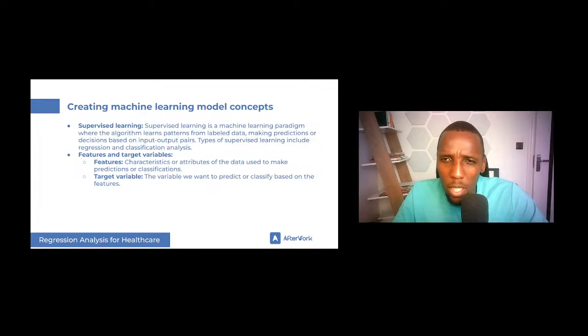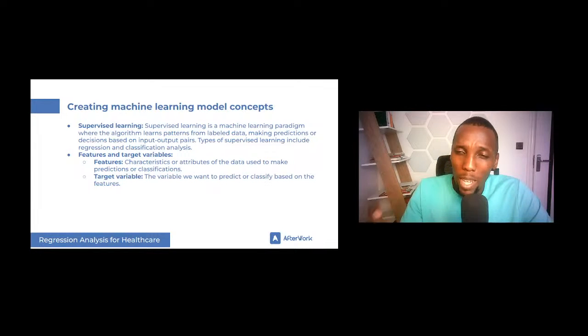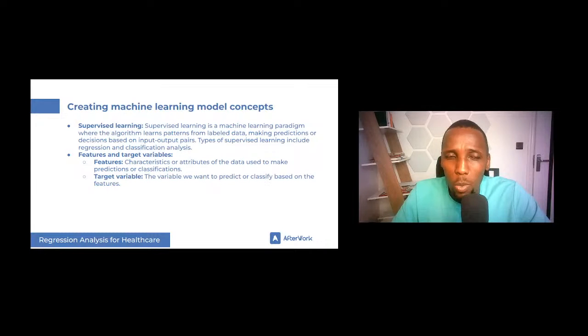Something else which hasn't been included in the slide is that when we have independent and dependent variables and we are training a model, we need to split our data set into a training data set and a test data set. The proportion can vary, but normally the test data set is smaller than the training data set.